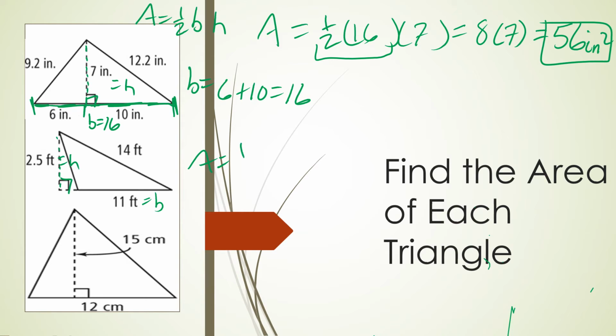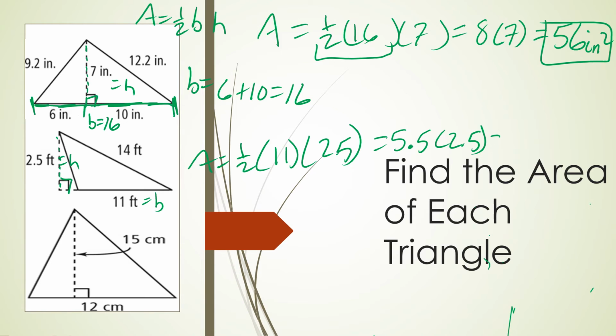A is equal to 1/2 base, which is 11, times height, which is 2.5. 11 divided by 2, or 11 times 1/2, is of course going to be 5.5, times 2.5. So we can easily solve that.